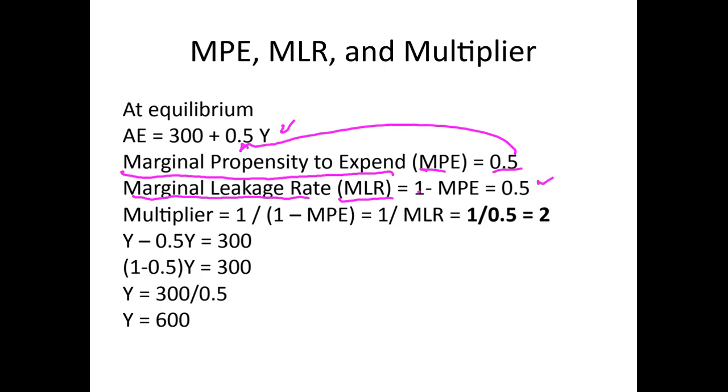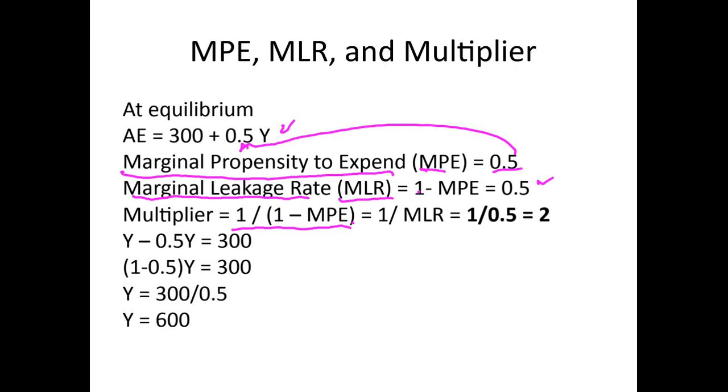Once you know these coefficients, these ratios, marginal propensity to expend, MPE, or MLR, then we can calculate the value of multiplier. The formula is this. Remember this formula: 1 over 1 minus MPE.